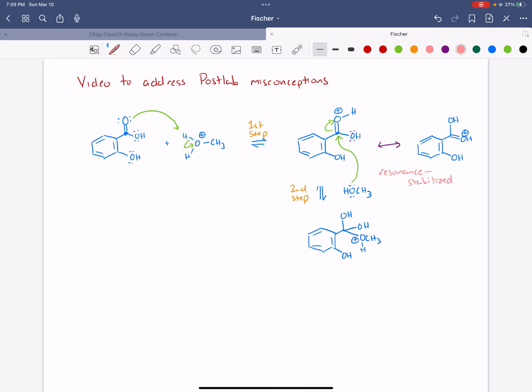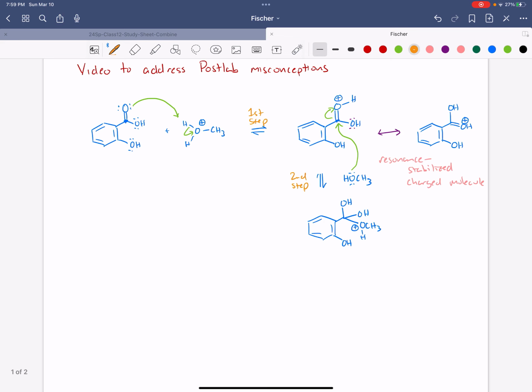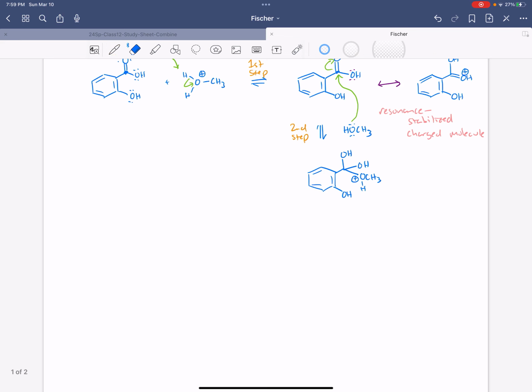You can say product, but I should say resonance stabilized charged molecule. Okay. The next thing I want to talk about is why is this protonation activating the acyl group? So here we'll talk about activating.